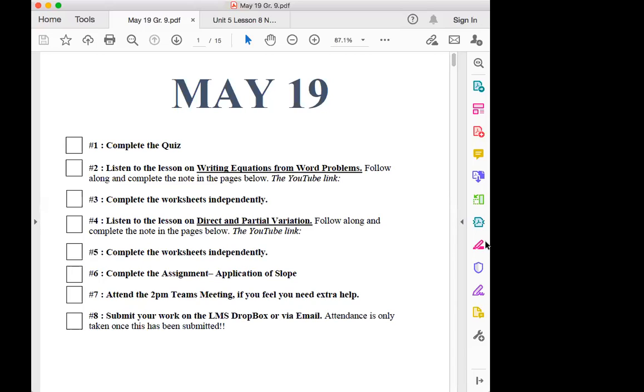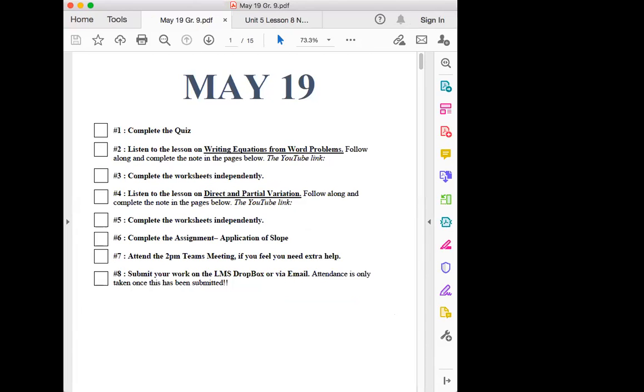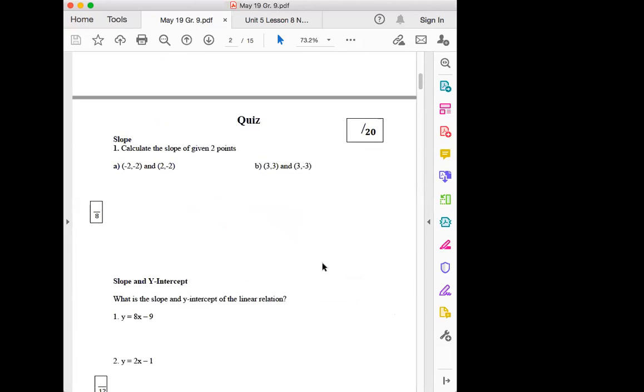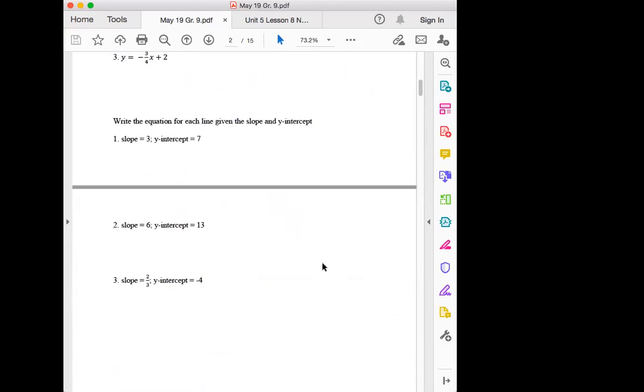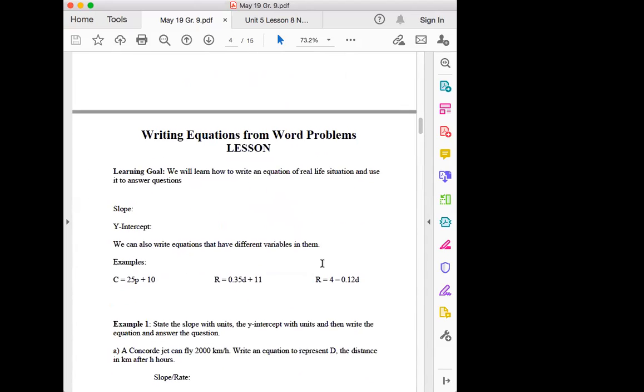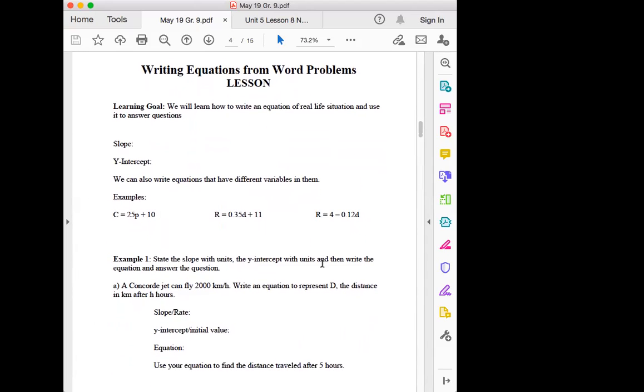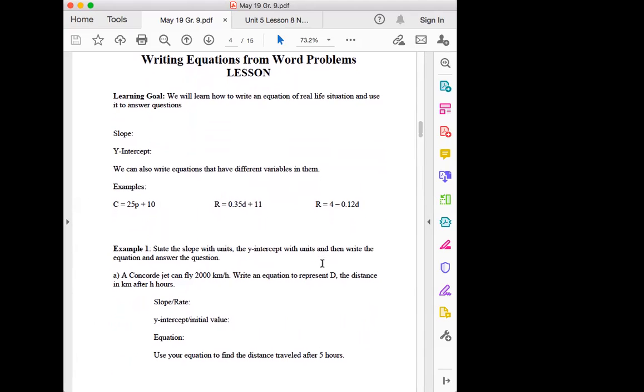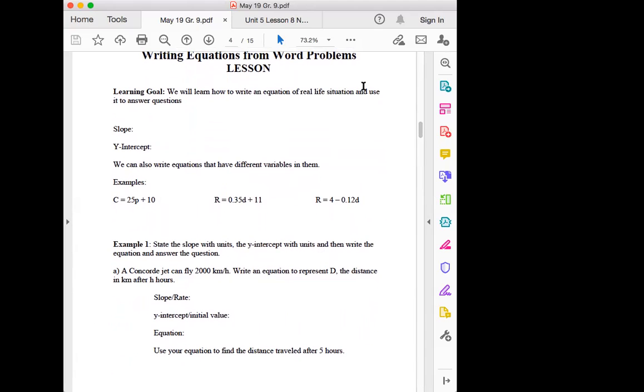So we're going to look at writing equations from word problems. So first off, we've got a little quiz about slope, y-intercept, and then we've got writing equations from word problems. So just as a recap real quick, we've got the definition of slope.